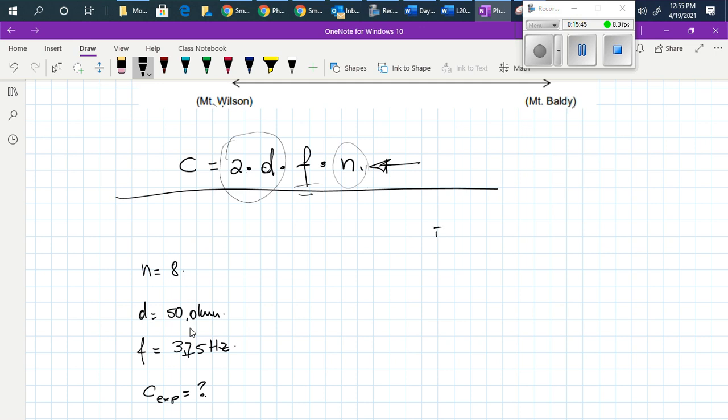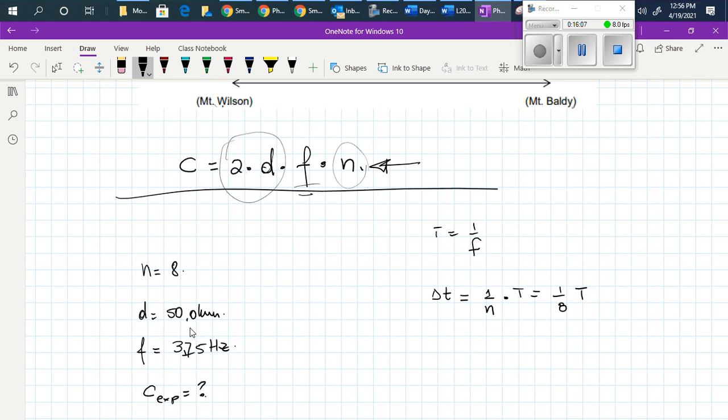The period will be 1 over frequency. From there, the time needed to move to the next side will be 1/8 of the period.